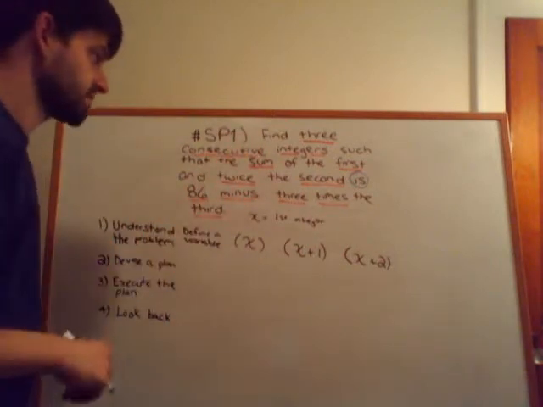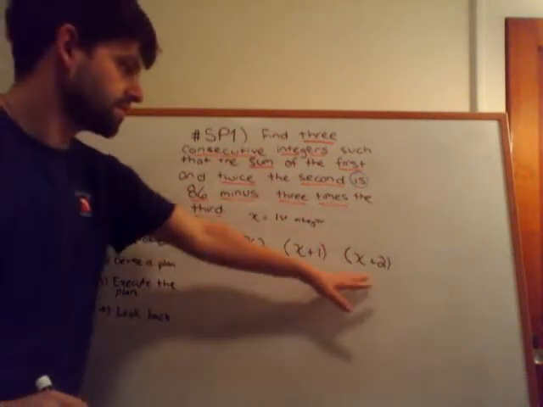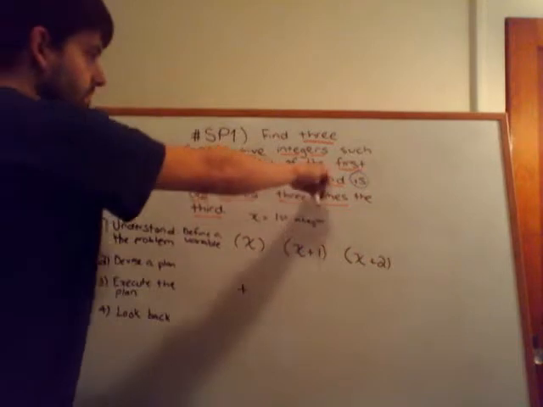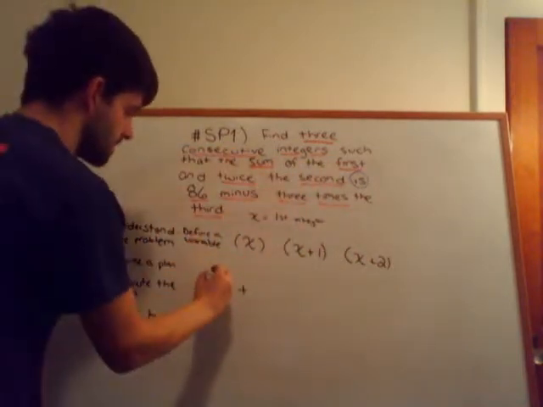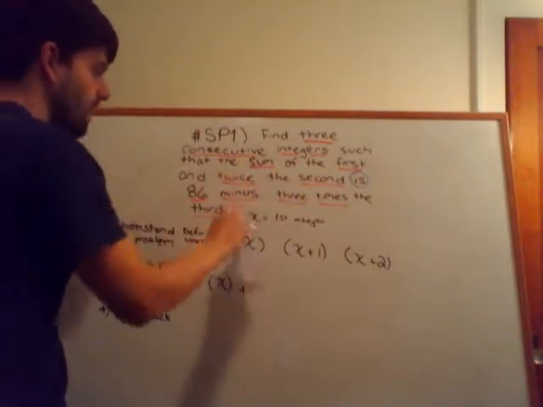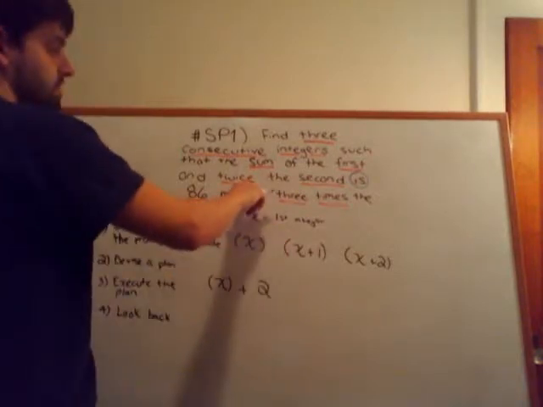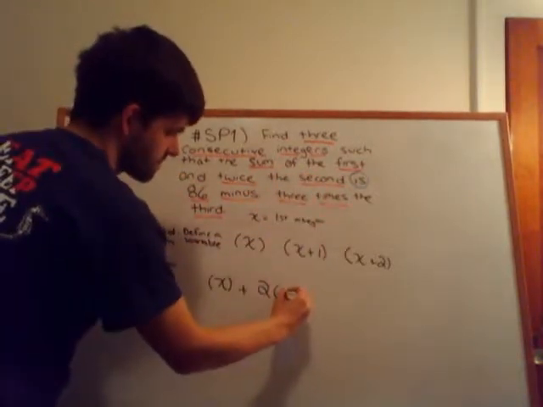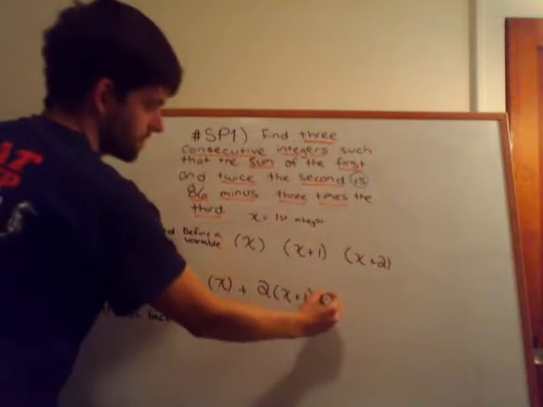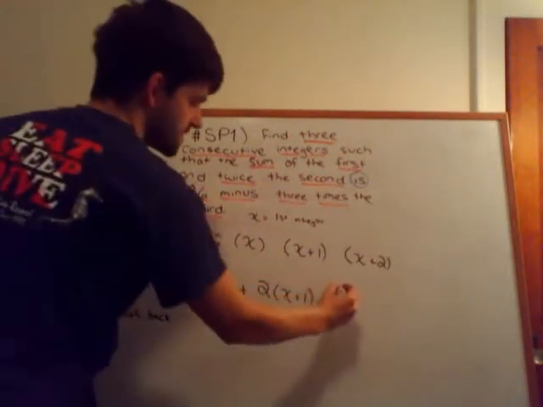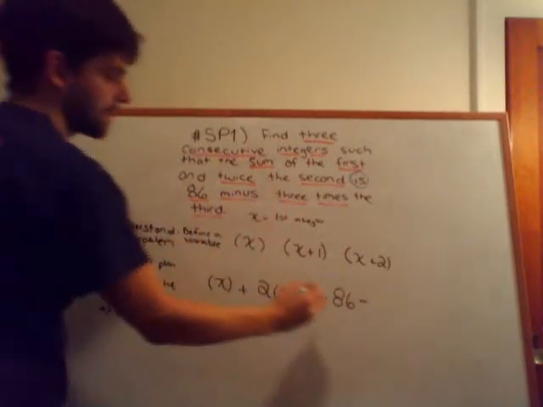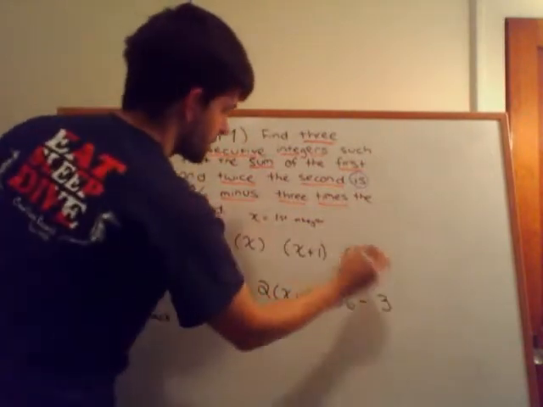Three consecutive integers such that, and again I got the three consecutive integers set up as such, the sum, so I'm going to be adding, the first, we've stated that our first integer is just x, and being plus, twice, 2 times, the second, our second integer, twice the second, 2 times the second integer, equals 86 minus 3 times, 3 as your coefficient, the third.